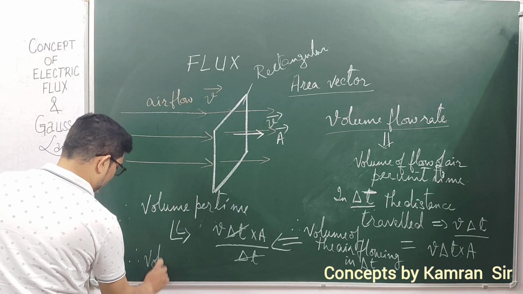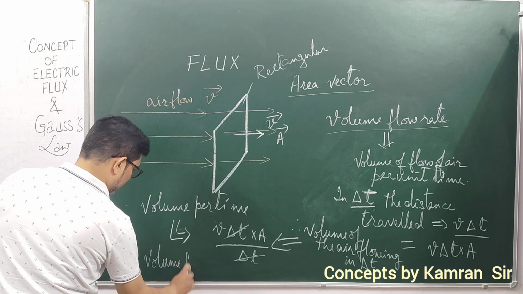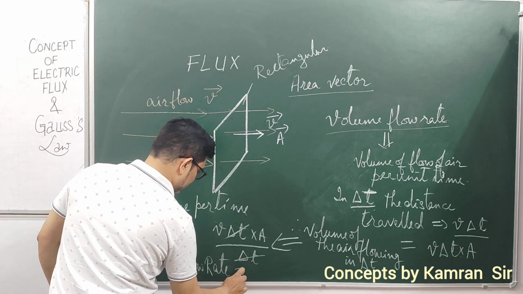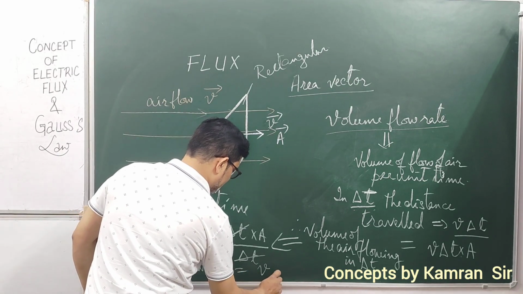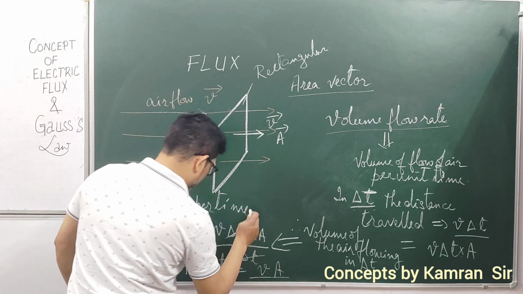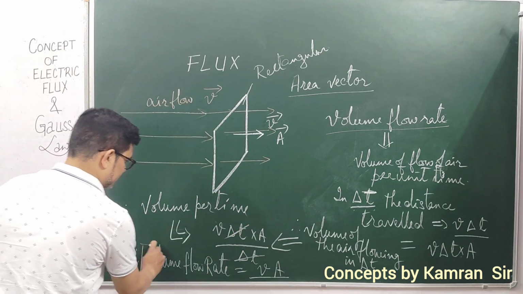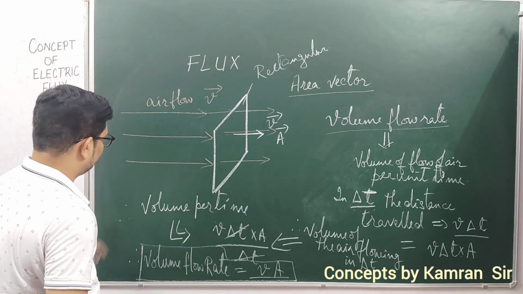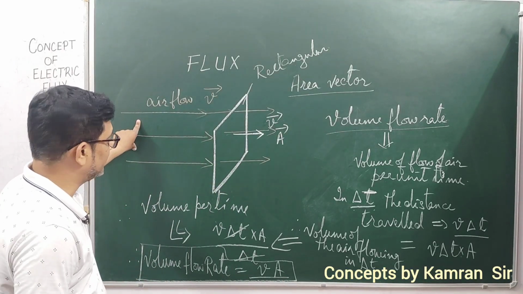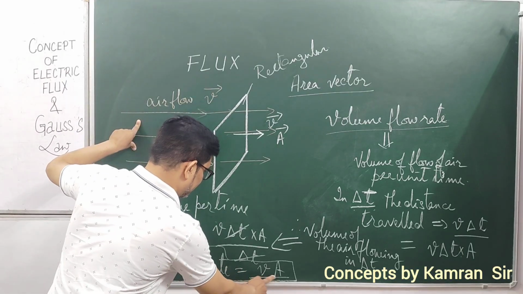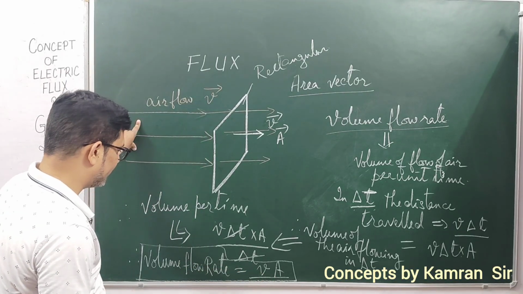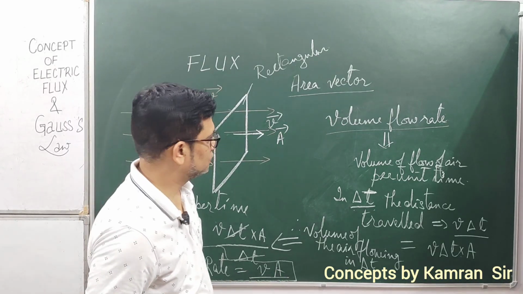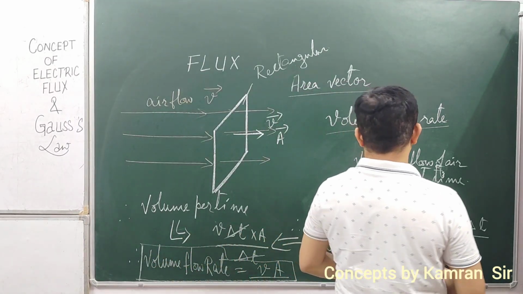Therefore volume flow rate is equal to v times A. So this is where the relation comes, that the volume flow rate of the air stream that we are talking about, the airflow, is the velocity times the area.